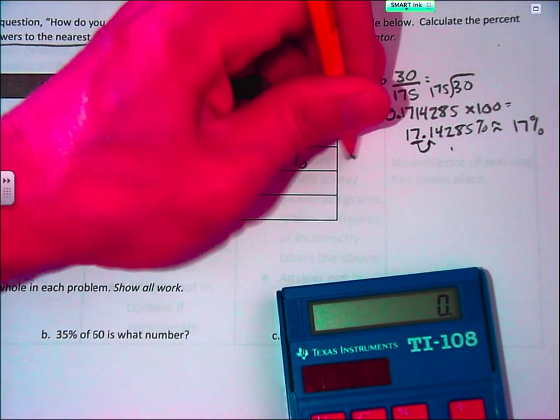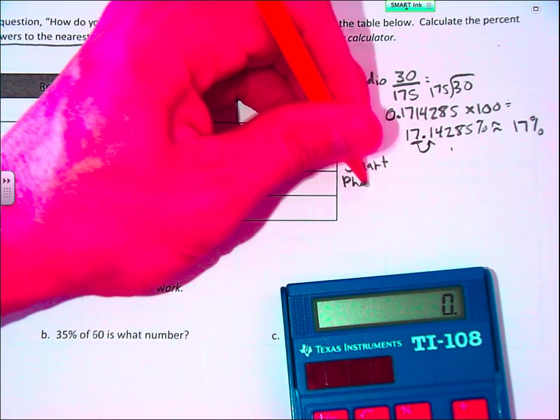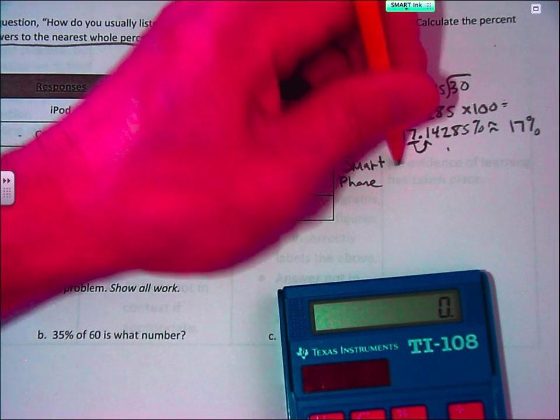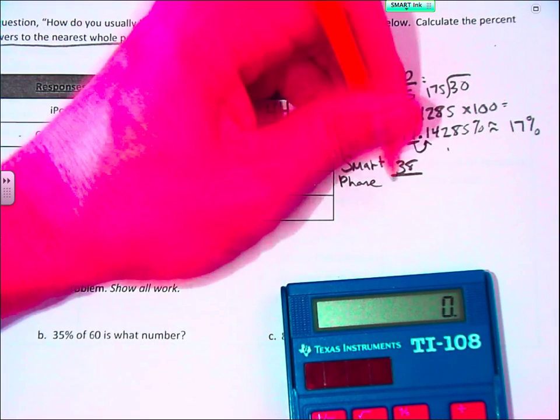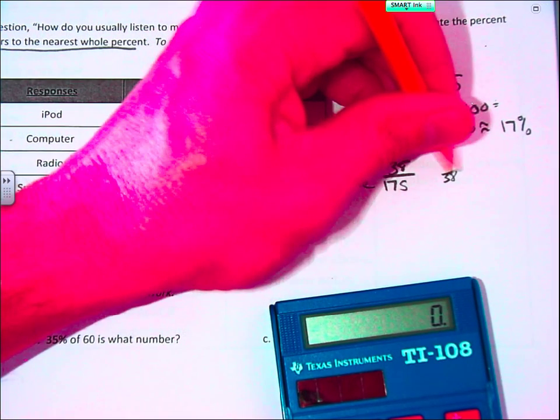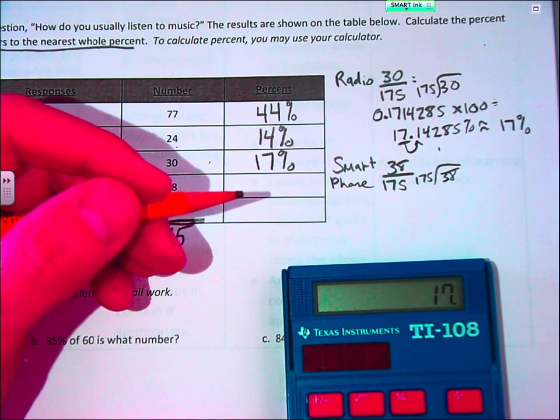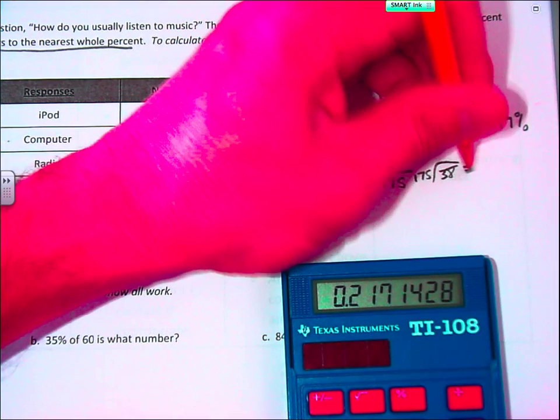Same thing, smartphone. 38 prefer that. 175 is the total. I take the numerator, I divide it by the denominator. I get a nice long decimal.